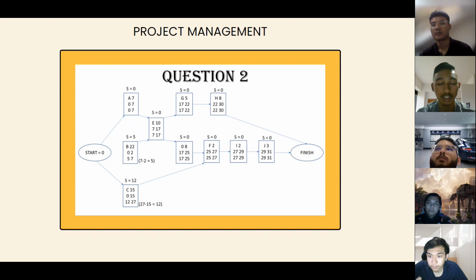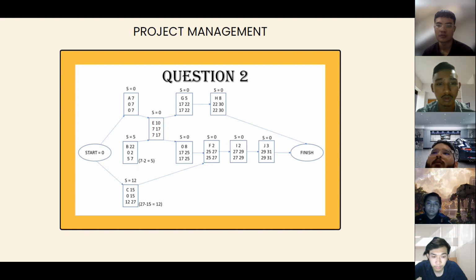For the first process, starting from box A going to box E, we add 7 to 10 and get 17. Then go to G box. From G box, 17 plus 5 gets 22.